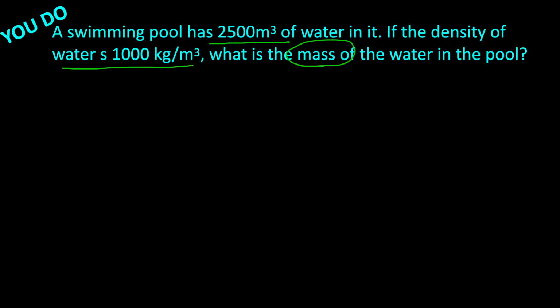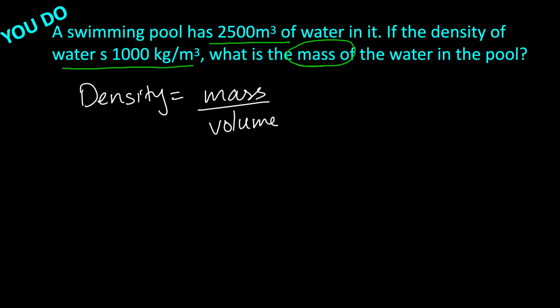So, we're going to follow the exact same process, and the first thing we're going to do is write the equation. Next, we're going to substitute directly from our question into this equation. And we can see that our density is 1,000 kilogram per meter cubed. Our mass is unknown, so we'll leave that as an m. And our volume is 2,500 meter cubed.